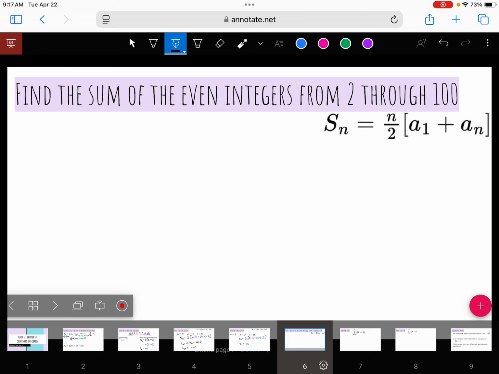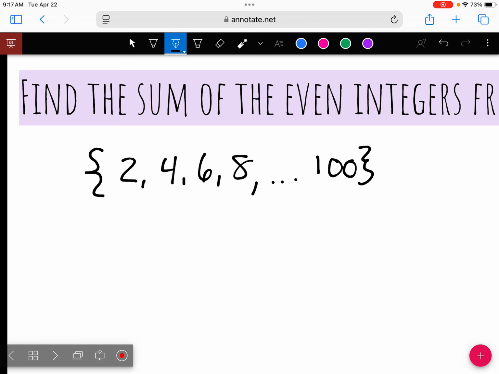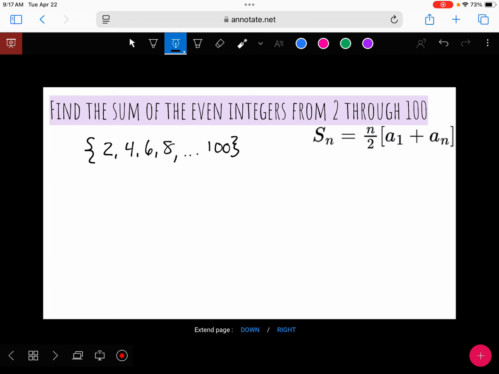So our even integers are what? 2, 4, 6, 8, up to 100. That's where we're stopping. So this is our sequence. How many terms is that going to be? 50, because it's every other number up to 100.